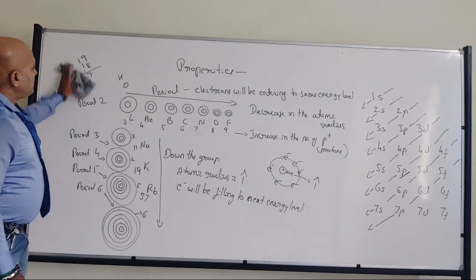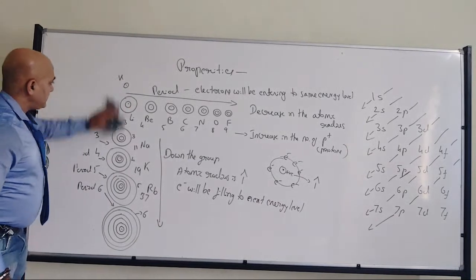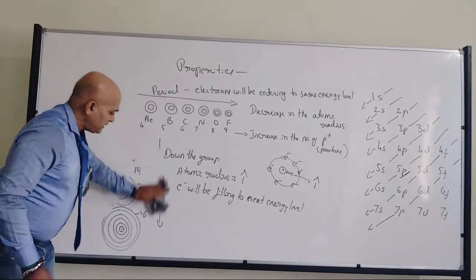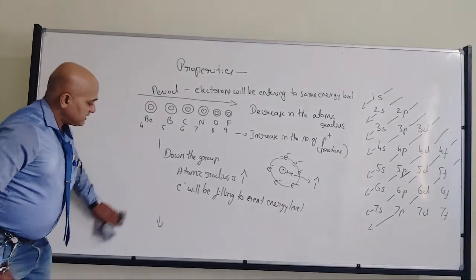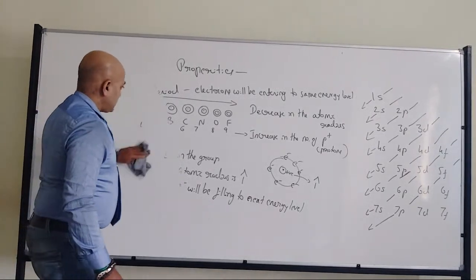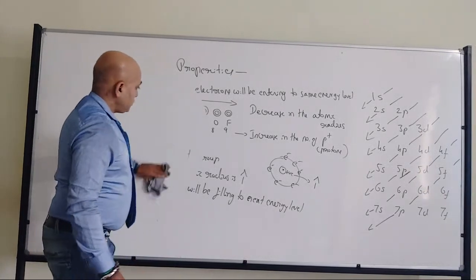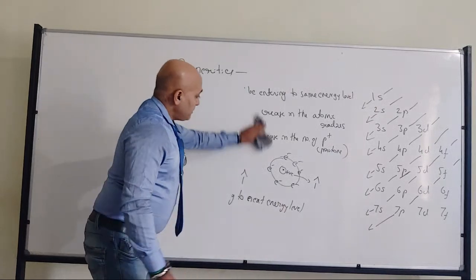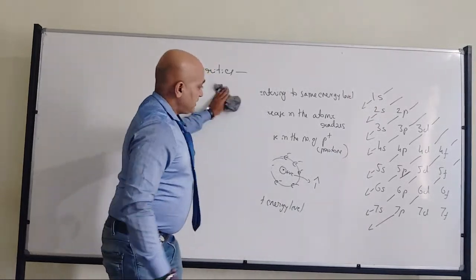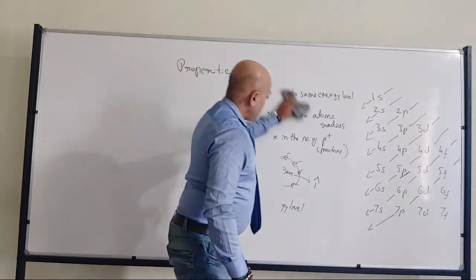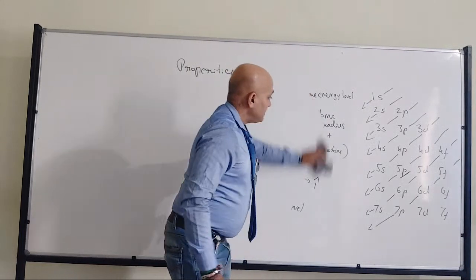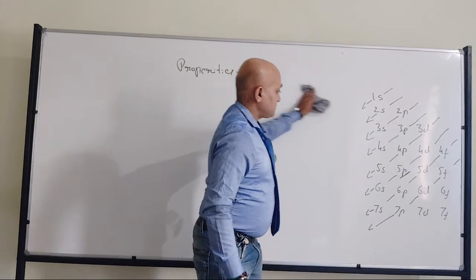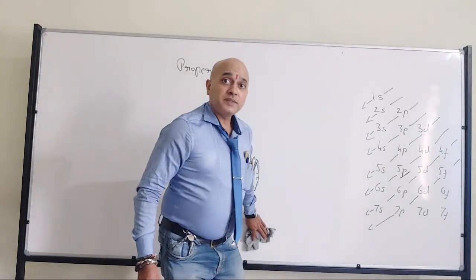Because I will be stopping here, what you can remember is: along the period, there will be a decrease in the atomic size, although there is an increase in the atomic number. But down the group, there will be an increase in the atomic number and, at the same time, an increase in the atomic radius. What is the reason?